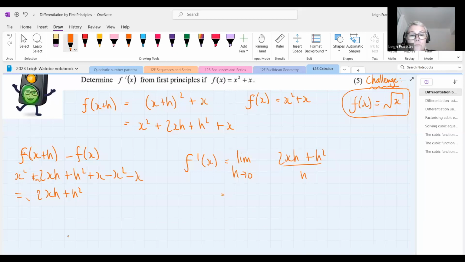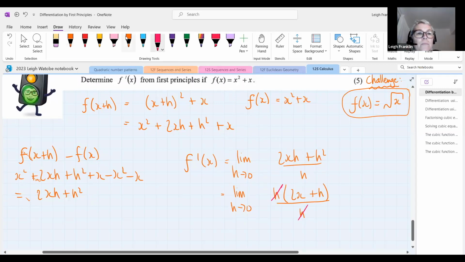I go down and I go f prime of x equals the limit as h tends to 0 of h brackets x plus h over h. And then I go down again, the limit as h tends to 0 of x plus h.